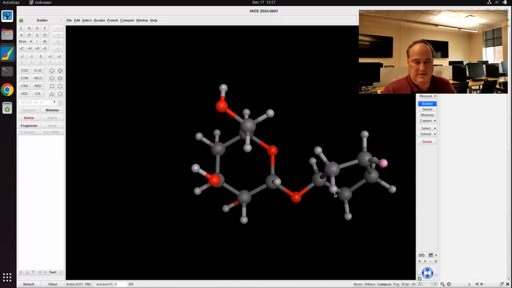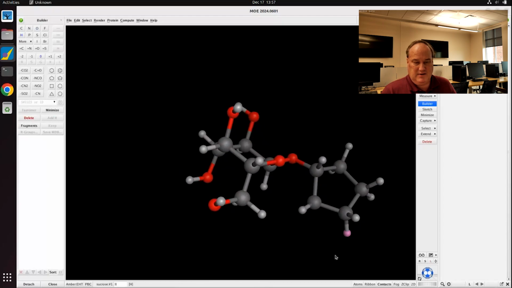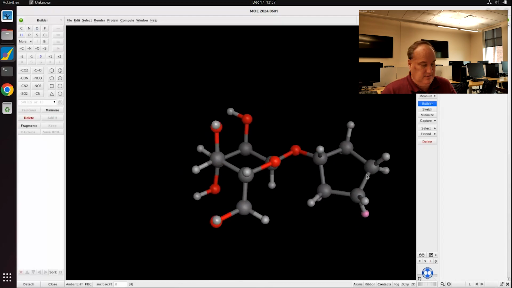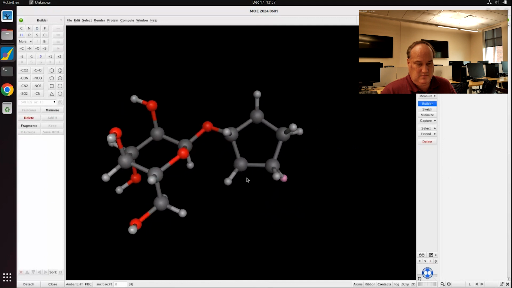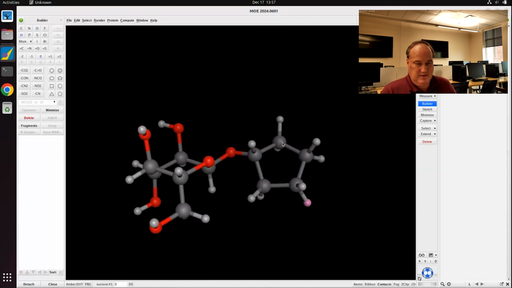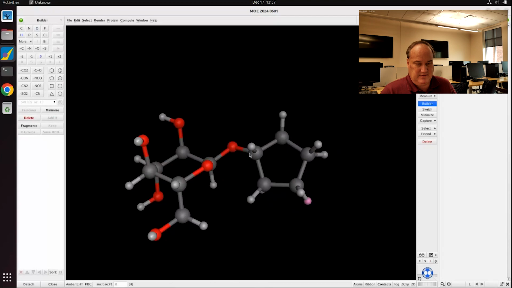Now I want to orient my molecule in such a way that I'm going to look directly at the fructose, right? And I want it, so here's my glycosidic bond, here's the attachment carbon. This hydrogen needs to become a carbon with an oxygen.